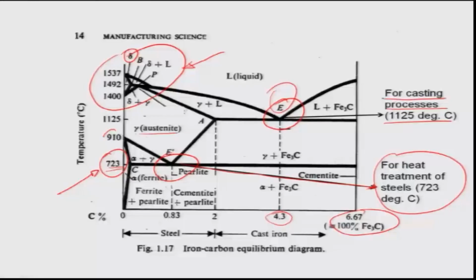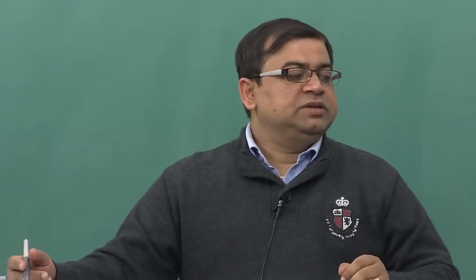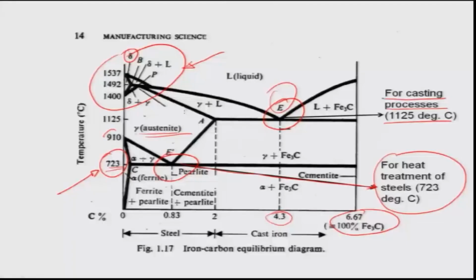One is below 910 degrees, which forms the alpha iron phase, which has a body centered cubic structure. The moment you go above 910 all the way to about 1400 degrees Celsius, you have the gamma iron, the austenite, which is the face centered cubic structure, and then the delta again becomes BCC. So it is a transition from BCC to FCC to again BCC, and this delta iron BCC is always above 1400 degrees Celsius.